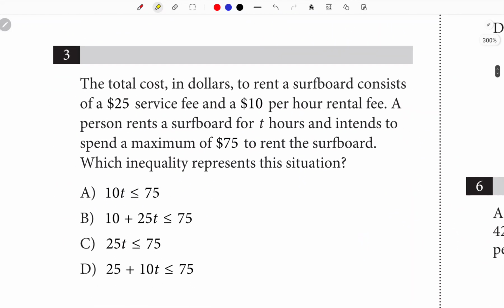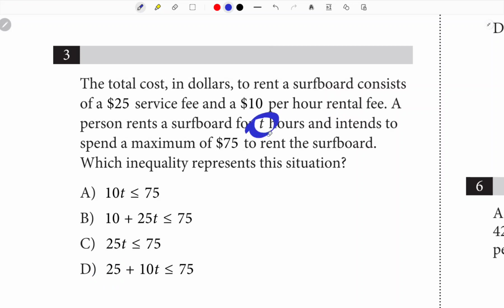The total cost in dollars to rent a surfboard consists of a $25 service fee and a $10 per hour rental fee. A person rents a surfboard for 3 hours and intends to spend a maximum of $75 to rent the surfboard. So what does it mean? We are asked for an inequality. First, the man pays $25, which must be written as a separate part, and per hour $10.